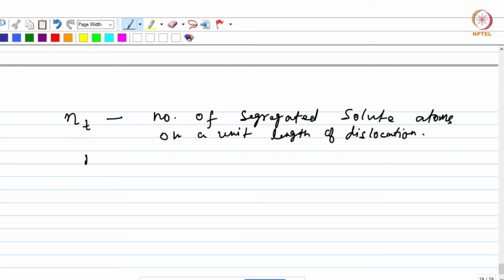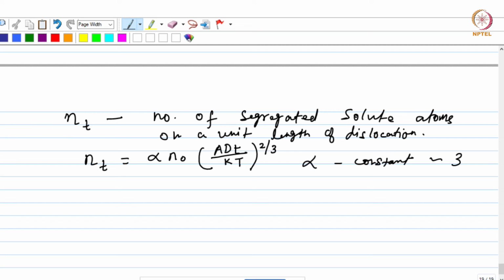And this is given by this particular expression, where alpha is a constant with a value approximately around 3, and N0 is the initial number of solute atoms per unit volume.